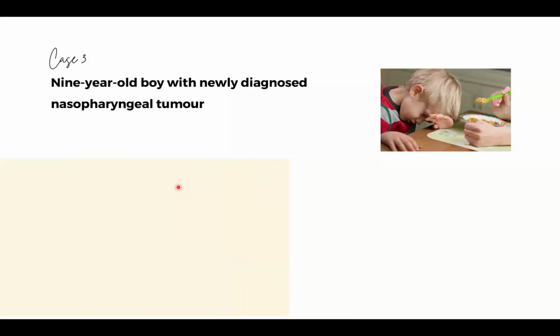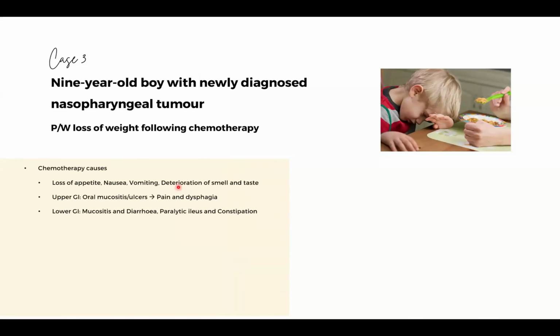So case 3 is very common among our patients. A 9-year-old boy with a newly diagnosed nasopharyngeal tumor, presented with loss of weight following chemotherapy. Chemotherapy causes all these side effects we have mentioned: loss of appetite, nausea, vomiting, and deterioration of smell and taste. Certain chemotherapeutic agents cause a significant amount of nausea and vomiting.